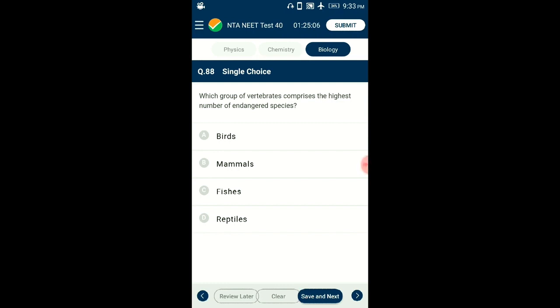Presently, 12% of all bird species, 23% of all mammal species, 32% of all amphibian species, and 31% of all gymnosperm species in the world face the threat of extinction. So the answer is that mammals are the group of vertebrates comprising the highest number of endangered species. So the correct option is B.